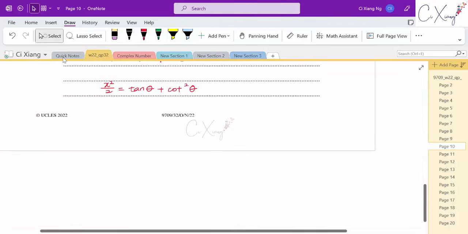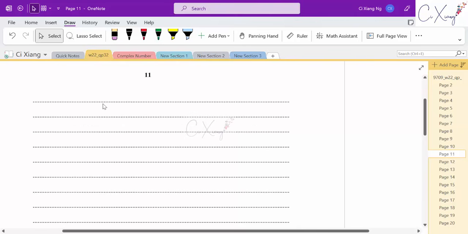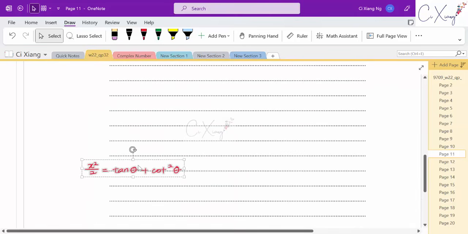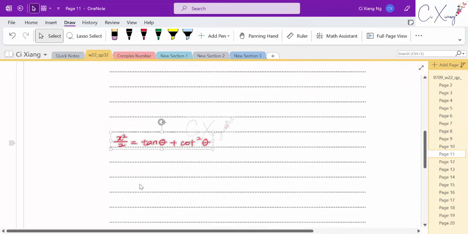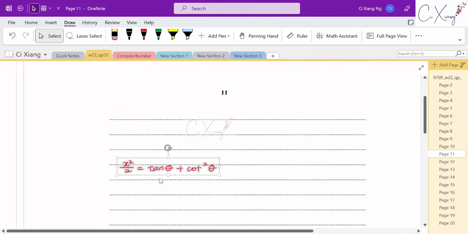Okay, so for this part, I want to remember it. I bring it to the next part here. If I want to get the value of x when theta is pi over 6, we have to substitute the value inside, right?